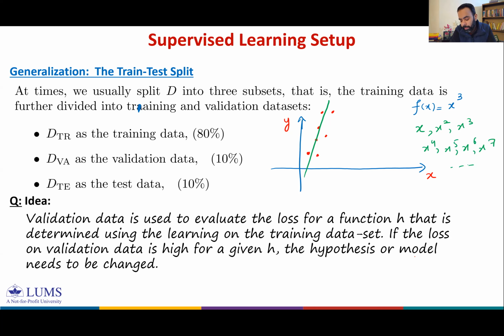Now to find whether it is x, x square, x cube, x4, so क्या change हो रहा है? Order of polynomial change हो रहा है सिर्फ, right? कि कौन सा polynomial का order बेहतर है? 1, 2, 3, 4, 5, 6, 7. To find this order of polynomial, this order of polynomial is known as a hyperparameter.